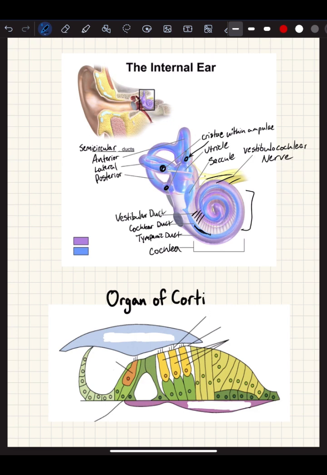Now, remember the terms that I mentioned in the beginning? The ones that I said were going to come up a lot later on? Now, they're about to. Before we even start, just so you can differentiate them, all the purple that you see in here is going to be fluid filled based off of the bony labyrinth.